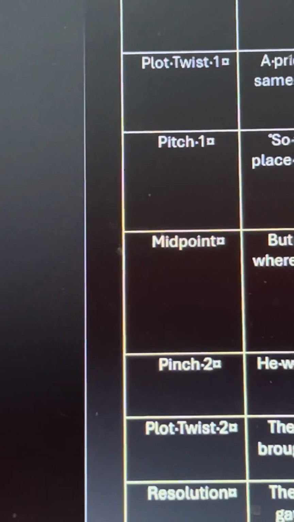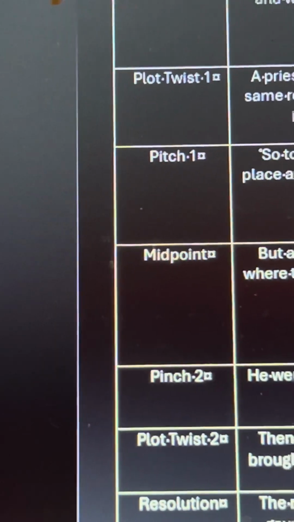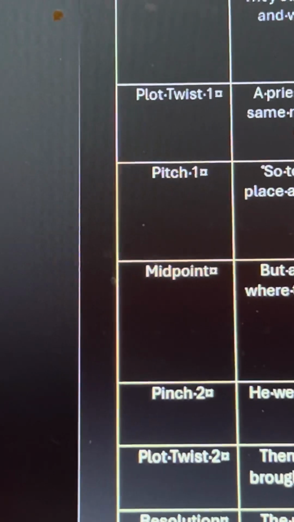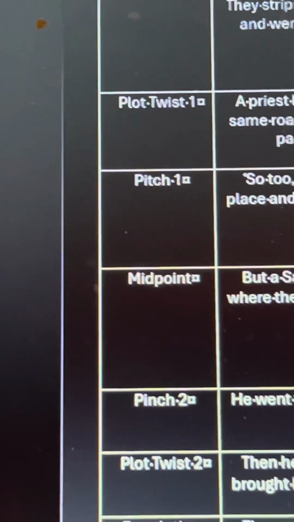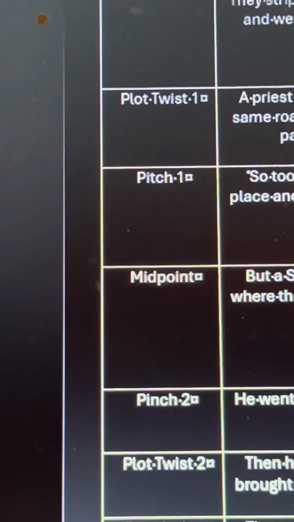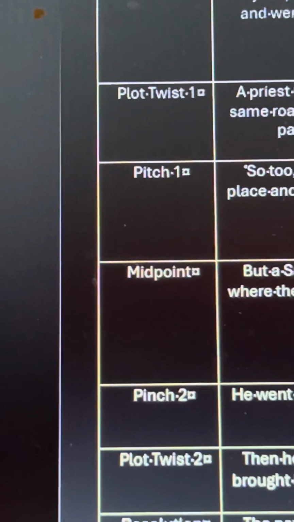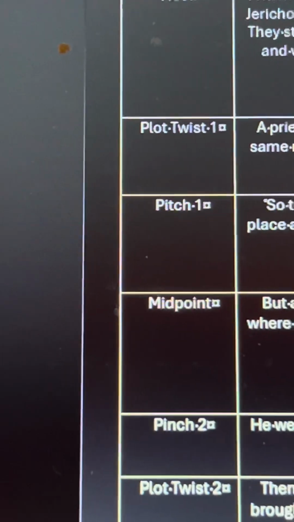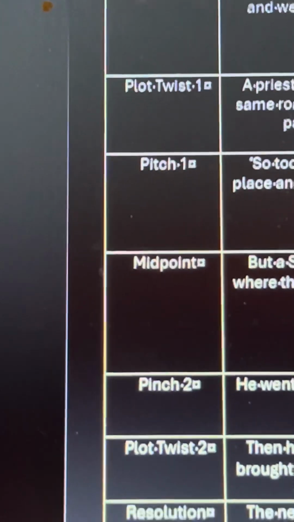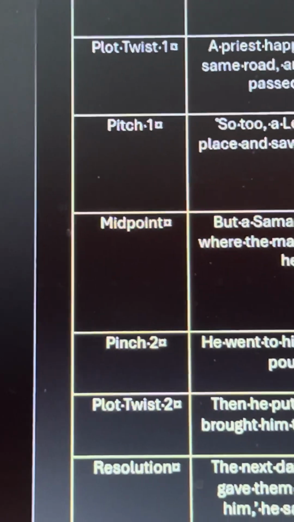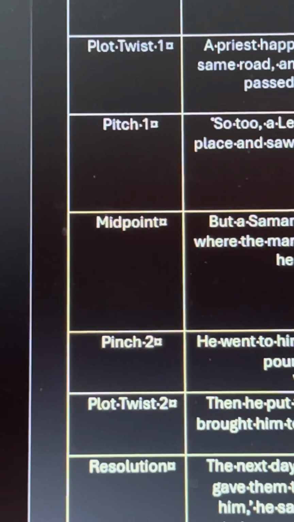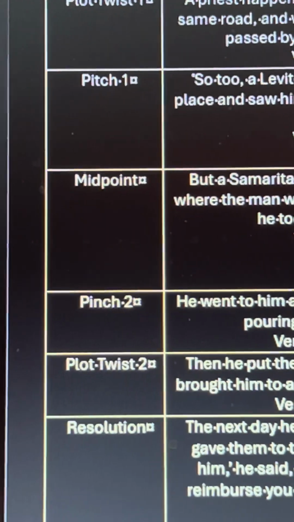So Dan Wells then puts at the centre the midpoint. This is where everything sort of balances in the middle. This is a turning point where things start to turn around. And then pinch 2, a little pinch that starts to turn things towards the end of the story.